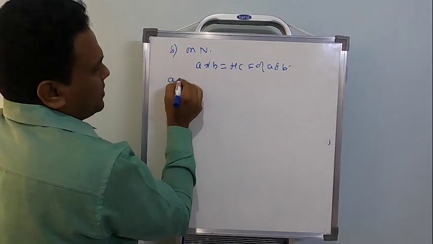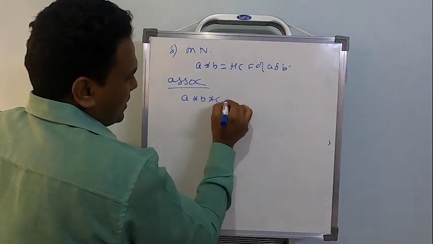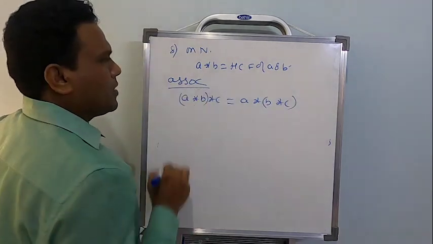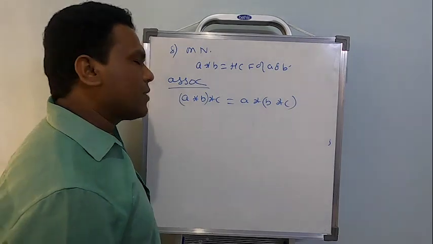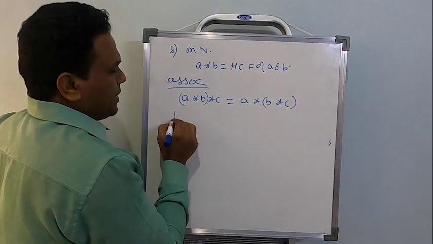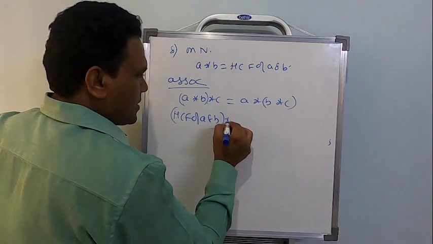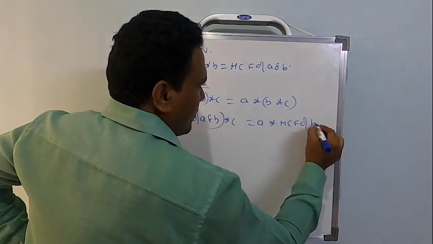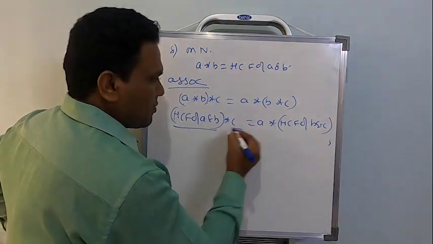Now let us check for associative. What does the associative property say? Associative says (A star B) star C equals A star (B star C). Right, this is the associative property. First write the property every time, the heading, and then go for it. Now (A star B) star C, that is HCF of A and B star C, equals A star HCF of B and C. This is my first element, this will be the second element.